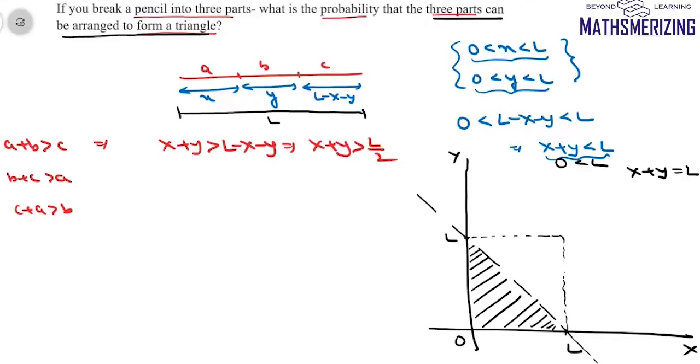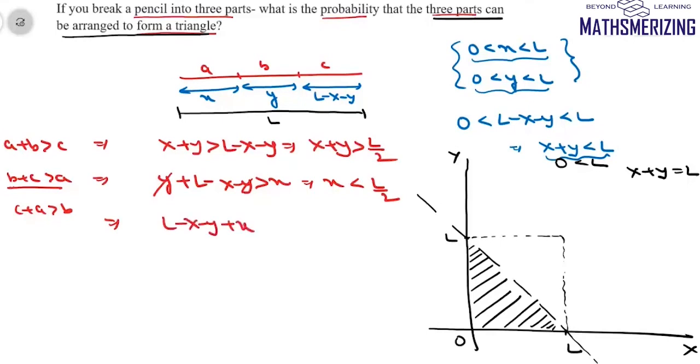Now from the second one, B plus C is greater than A. So what is B? B is y, and this is plus L minus x minus y. It should be greater than x. So here y will cancel. So here I'll get x should be less than L by 2. And from the third one, C plus A, C is L minus x minus y plus x, and it should be greater than y.